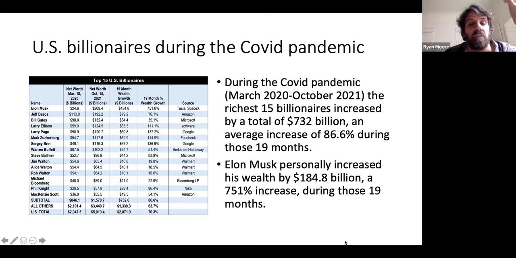The Walton family, that owns Walmart, Phil Knight from Nike, Bill Gates, all of these people, you saw these huge increases in their wealth during this period of time. So the pandemic has certainly been good for the billionaires.